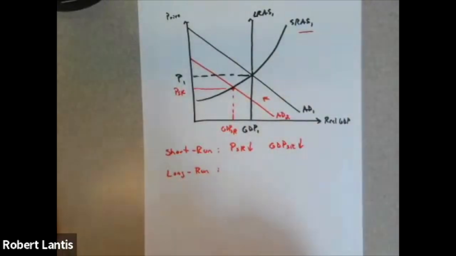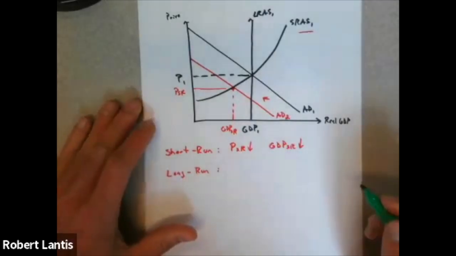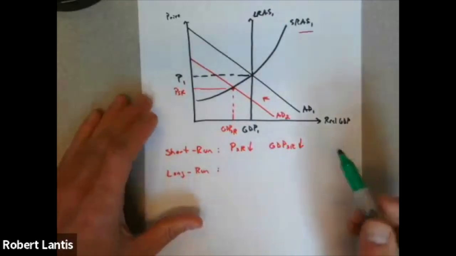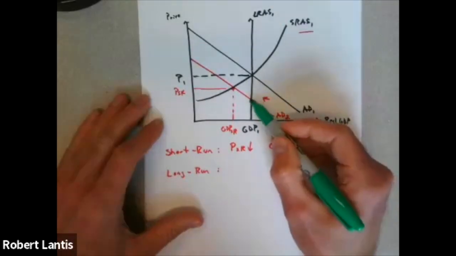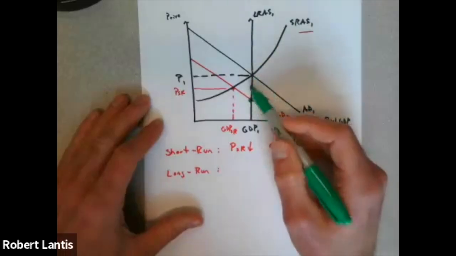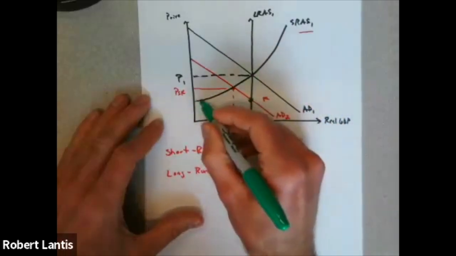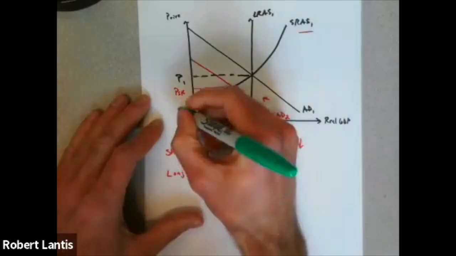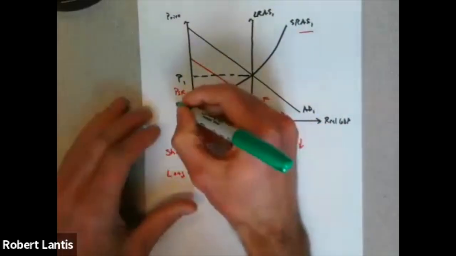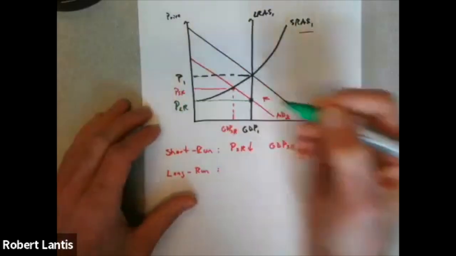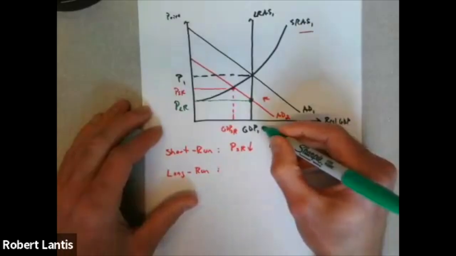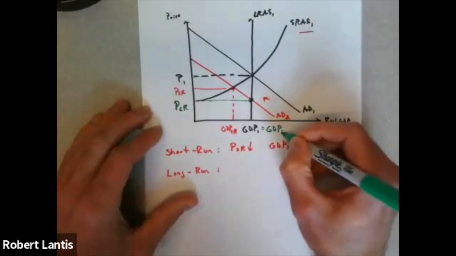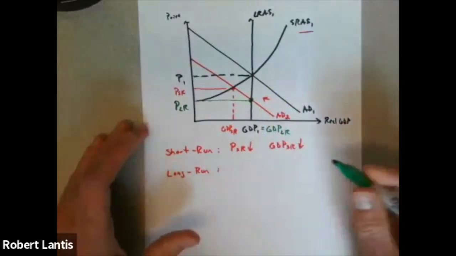Now, what happens in the long run, right? In the long run, our equilibrium will be where the new aggregate demand hits my long run aggregate supply. So I know that in the long run, prices fall even more, but my GDP compared to the initial point doesn't change.